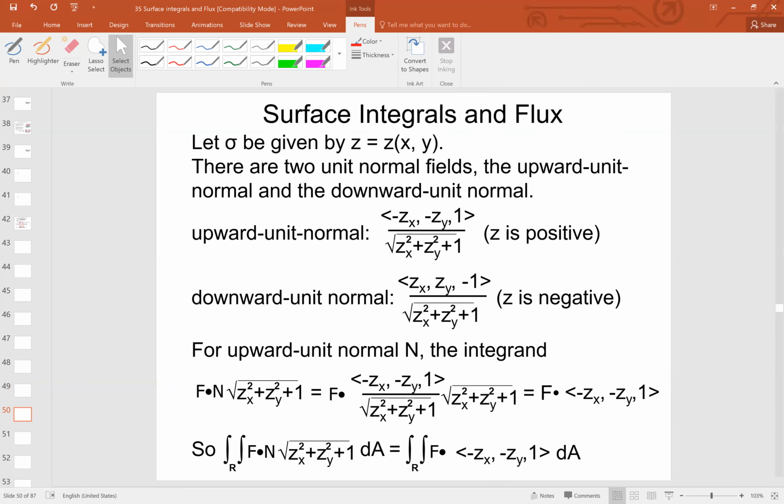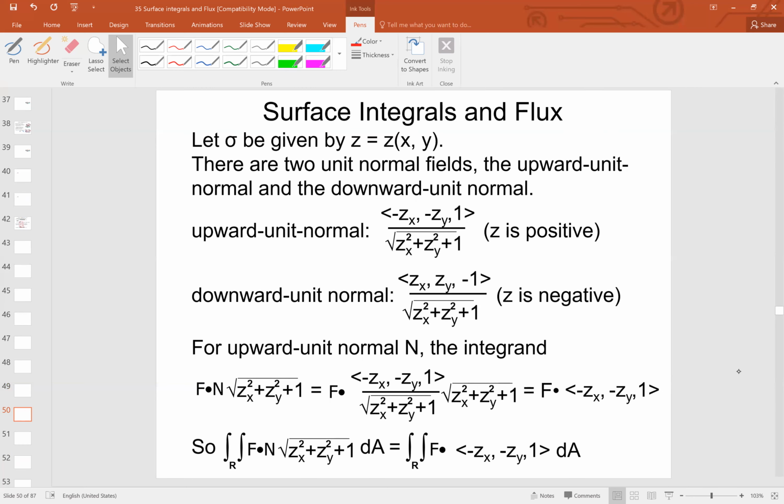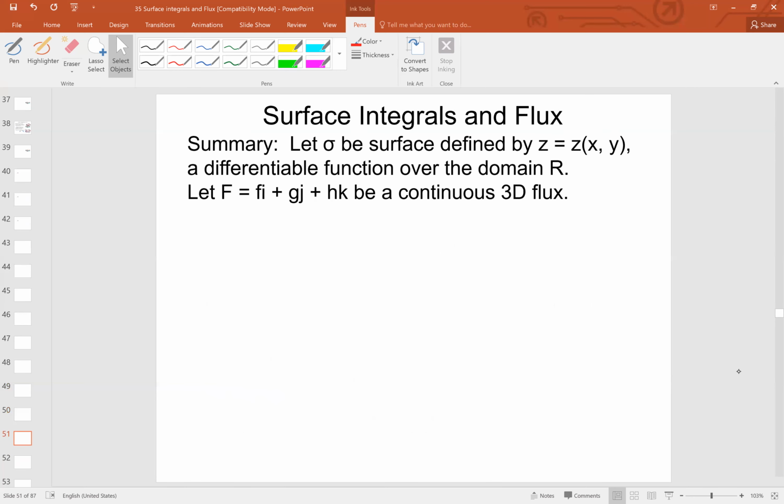The unit normal, the so-called delta field.